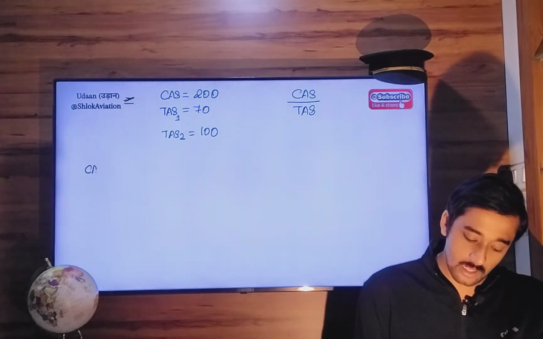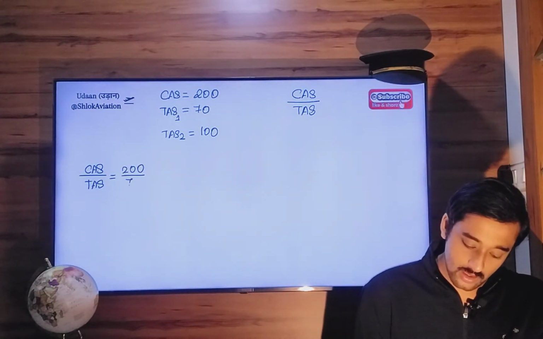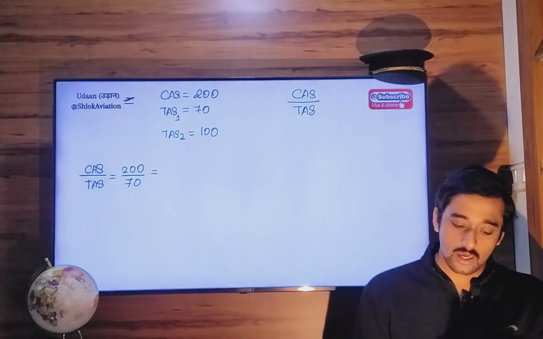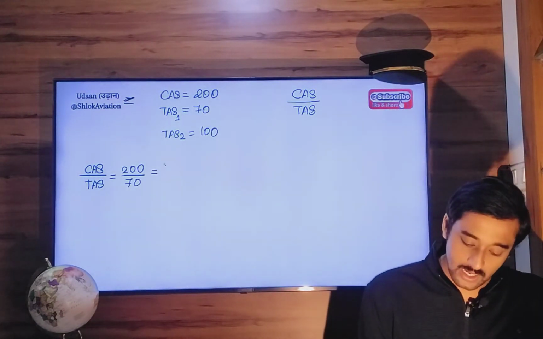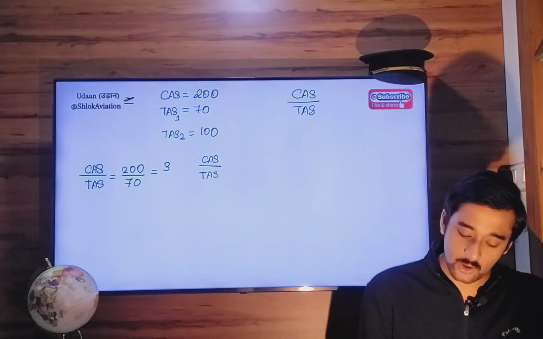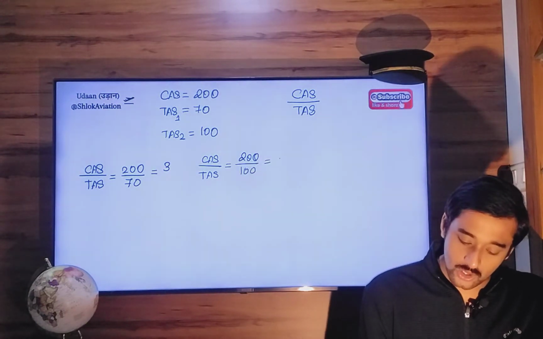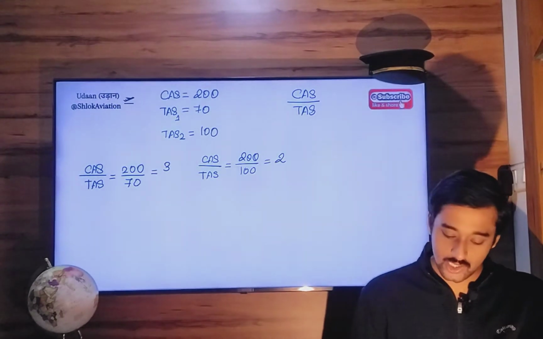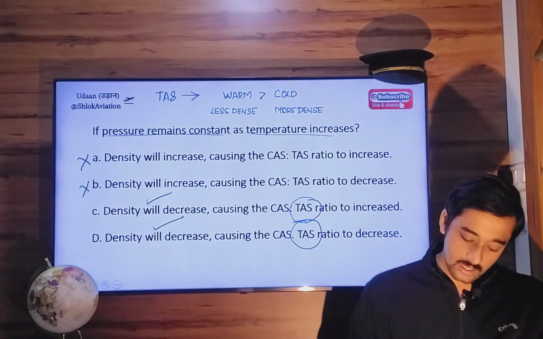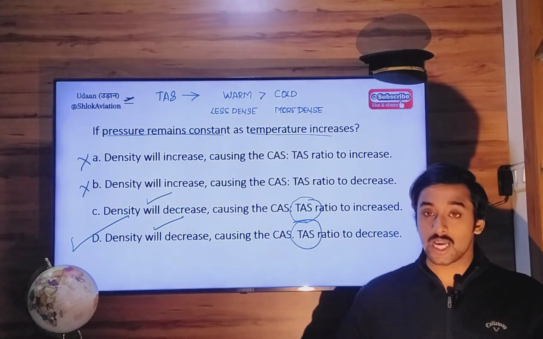So initially the ratio will be CAS by TAS, so 200 by 70, that is equal to 2.85, so approximately 3. And second CAS by TAS, second scenario when TAS increases, 200 by 100, which is equal to 2. So the ratio has decreased from 3 to a new value of 2. So the correct answer will be density will decrease, yes, causing the calibrated airspeed to true airspeed ratio to decrease.